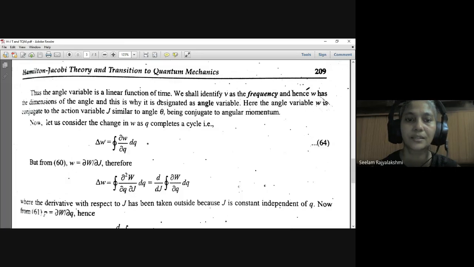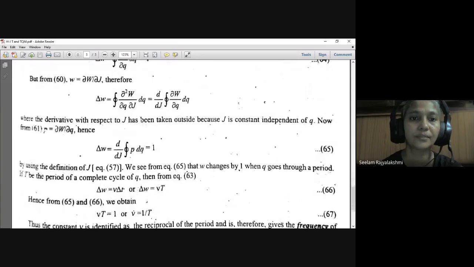That is, delta omega = integral over a complete period of dou omega by dou q times dq. But from equation 60 we have omega = dou W by dou J. Therefore, delta omega = integral over a complete period of dou squared W by dou q dou J times dq, which equals d by dJ of the integral over a complete period of dou W by dou q times dq, where the derivative with respect to J has been taken outside because J is constant, independent of q.